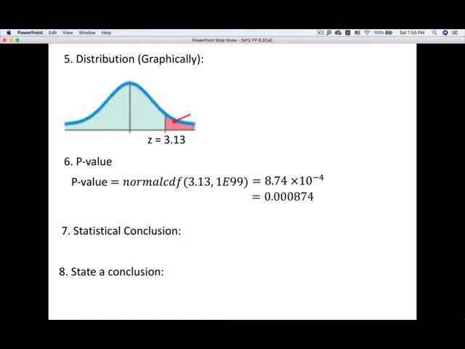You should get 0.000874. The value is really, really small, so we have a small p-value here. I want it to 4 decimal places. This digit is greater than 5, so I'm going to add 1 here. This is how you figure out your p-value.